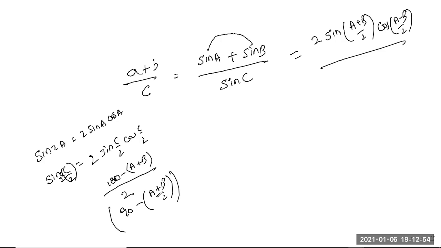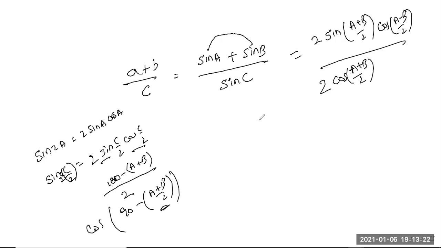So what is sin of (90 minus (A+B)/2)? Sin of 90 minus theta is cos theta, so you will get cos of (A+B)/2. And cos of (90 minus (A+B)/2) is sin of (A+B)/2, since cos of 90 minus theta is sin theta.